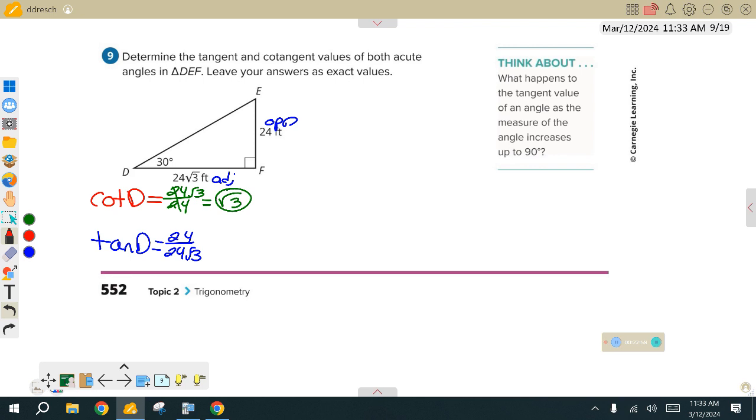Let's do the cotangent of angle E. Okay? Go do me the cotangent of angle E. Stand at angle E. I, again, always like to do the tangent ratio first. You don't have to, but I like to do that.